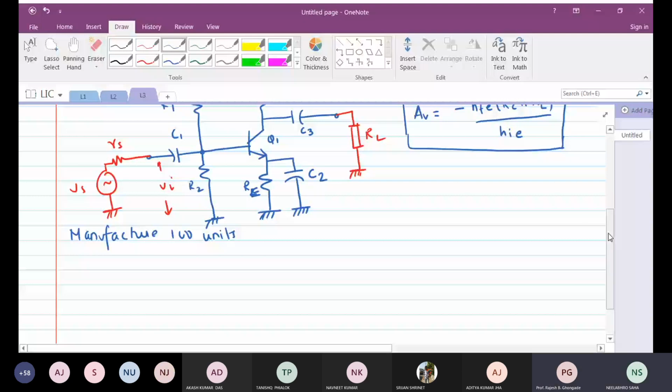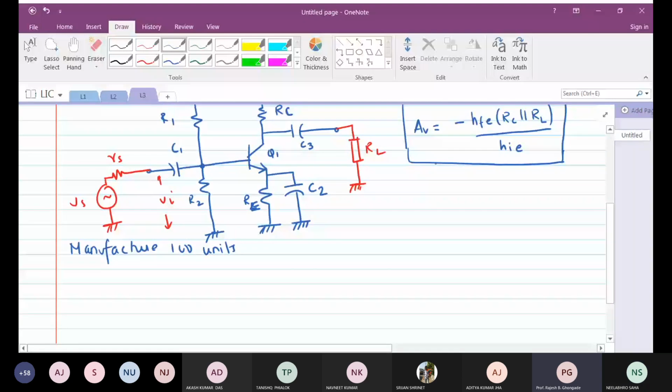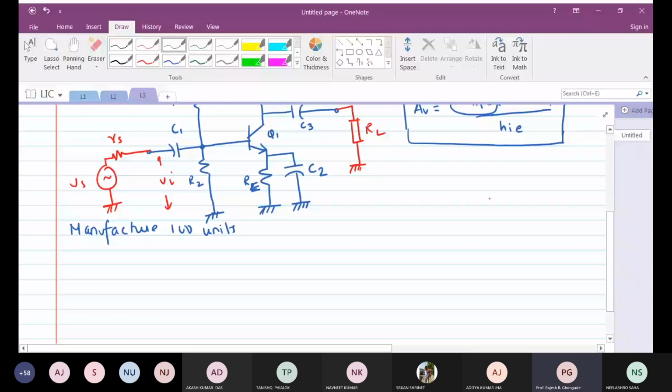Yes, specifically the most deciding factor is this. And you know that the HFE, sometimes we call this as beta AC also, which is not going to be same for all the 100 transistors that you use in this. Is that clear? And that transistor beta may change from anywhere from 50 to 200, for example.